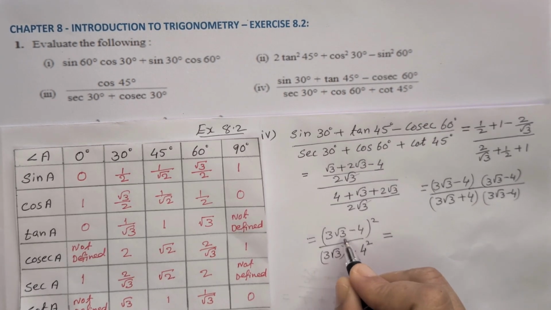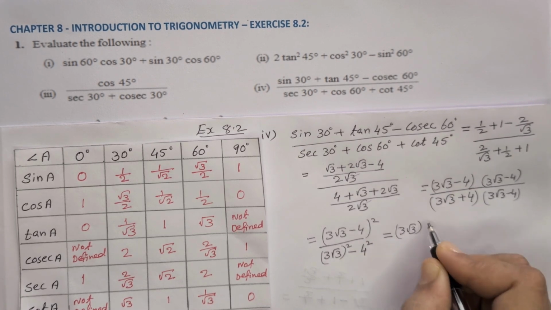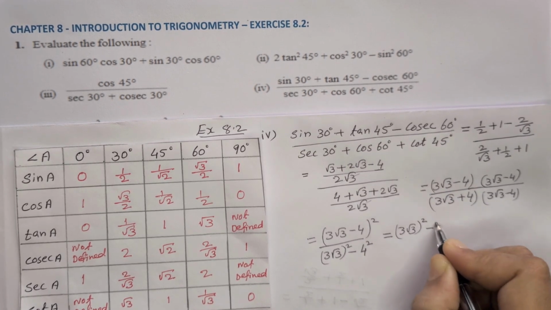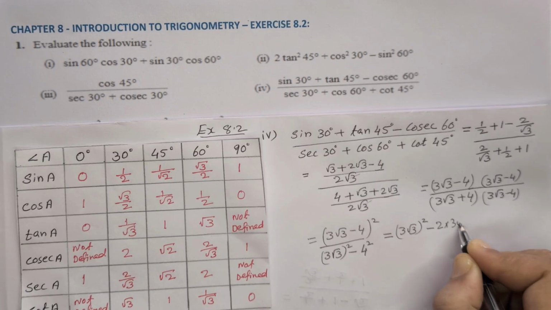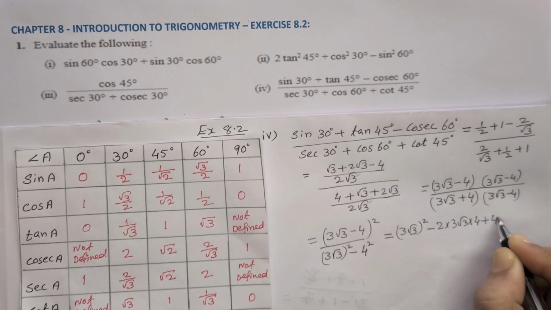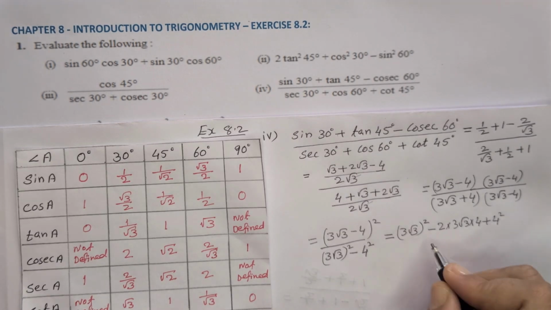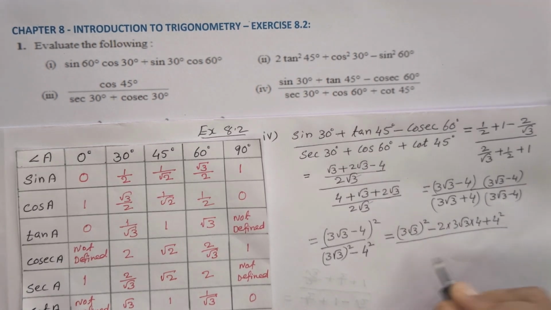In place of a, 3 root 3. So 3 root 3 square minus 2 into 3 root 3 into 4 plus 4 square. A square minus 2ab plus b square divided by, here a square minus b square, 3 root 3 square. 3 square is 9, root 3 square is 3.